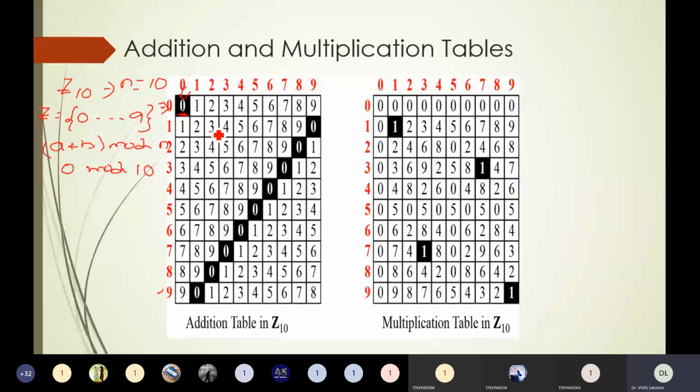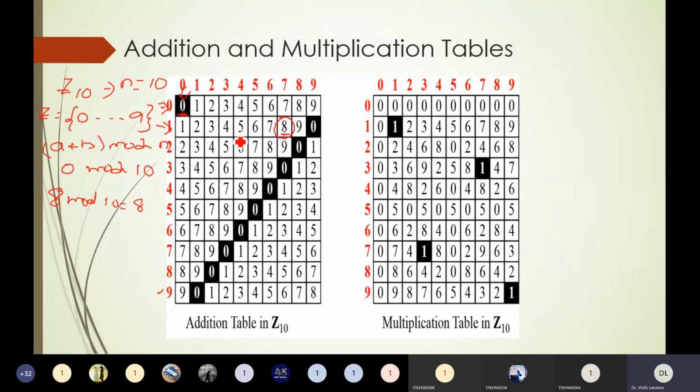Next, if we fill this value, the a value is 1 and the b value is 7. 1 plus 7 is 8. 8 mod 10 is equal to 8. That's why here we are putting 8. The same way the entire table will be filled. So we need to fill the entire table like that.